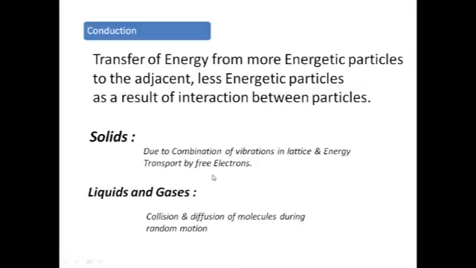How many free electrons are there? They decide the rate of heat transfer by means of conduction in solids. In liquids and gases, it occurs because of the collision and diffusion of molecules during random motion.